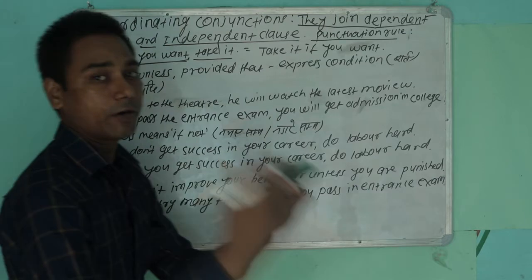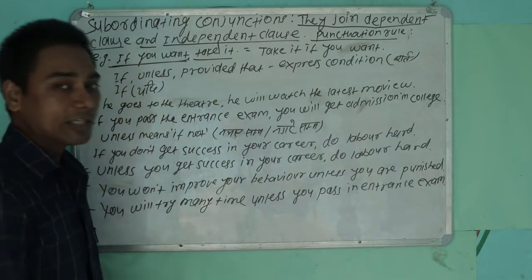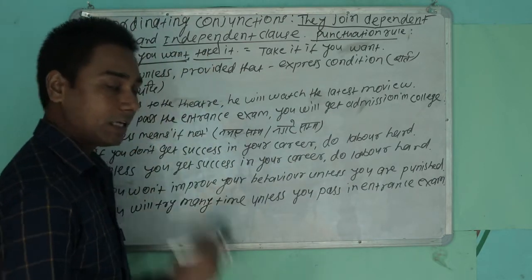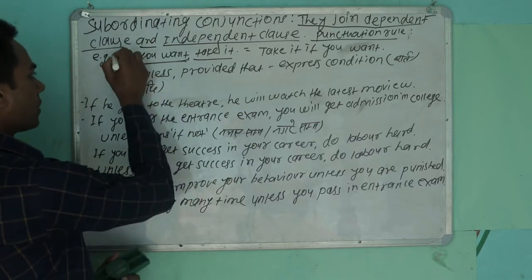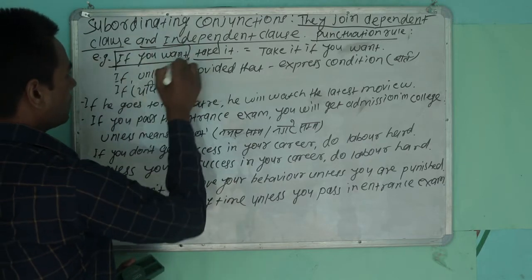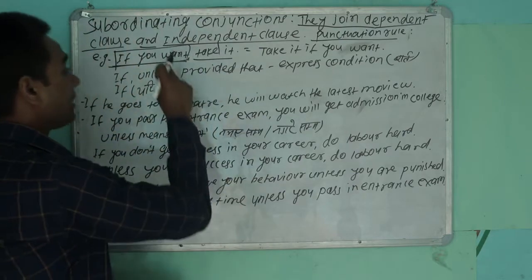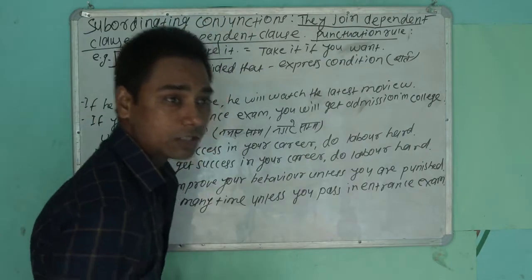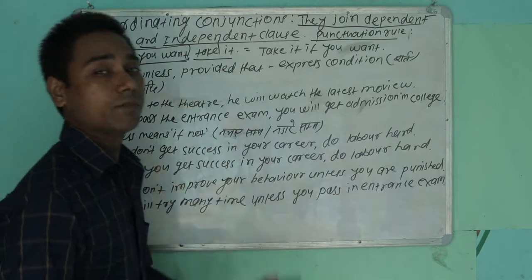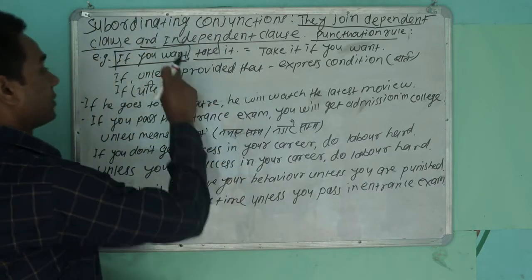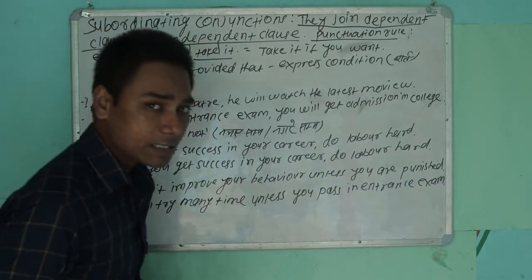Dependent means depending on another. And how can we tell this is a dependent clause? Look, the sentence does not have complete meaning. It depends on another clause to give the complete sense. So this is called a dependent clause.